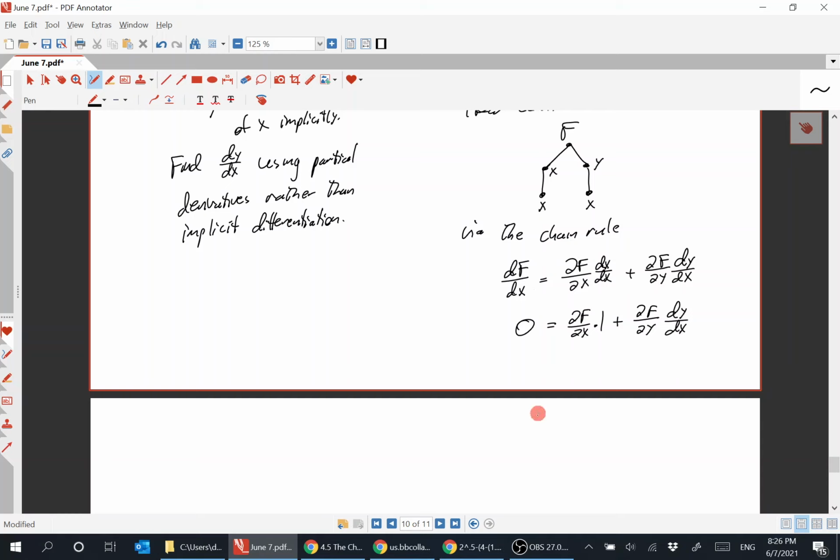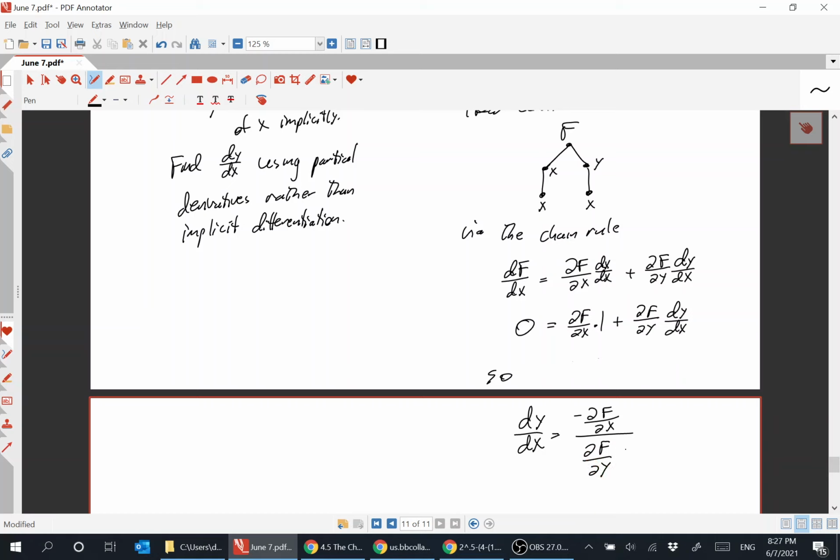And so anyway, you solve for dy dx. So dy dx, that's the derivative that you're looking for, is just partial f partial x negated over partial f partial y. So dy dx is partial f partial x negated over partial f partial y.